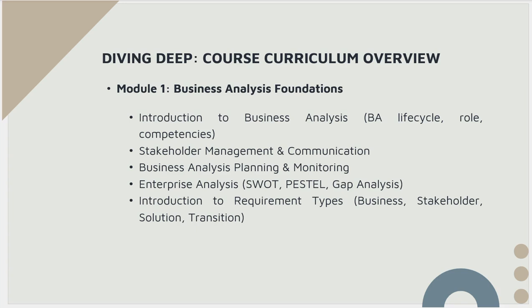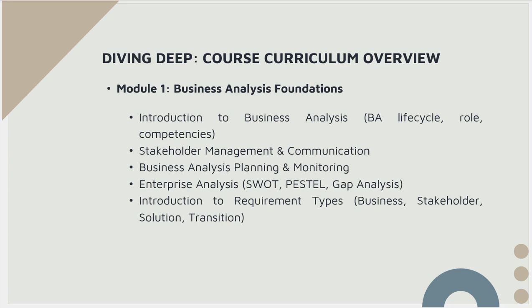I'll explain all these things, along with business analysis planning and monitoring of stakeholders. Then the most important technique, enterprise analysis, where we will do SWOT analysis, that is the strengths, weaknesses, opportunities and threats of the project, PESTLE analysis, impact on the project, and gap analysis. I'll explain all of this in enterprise analysis.